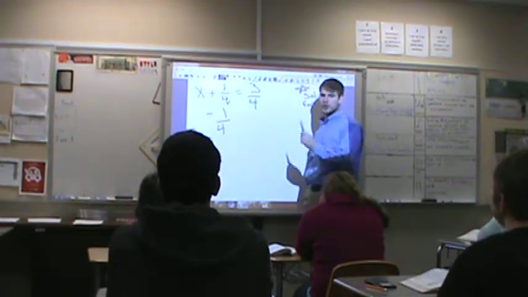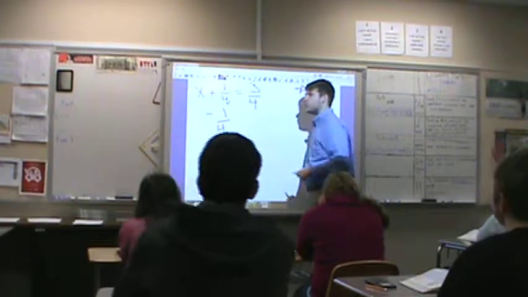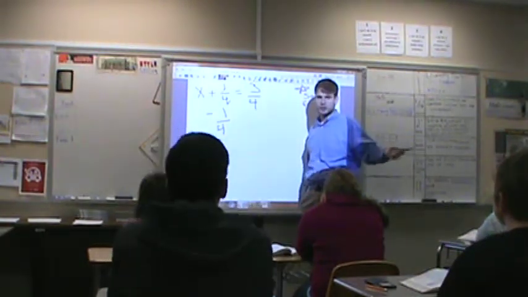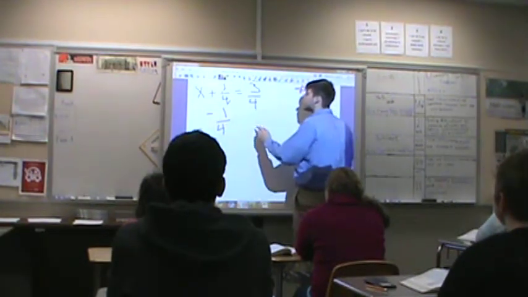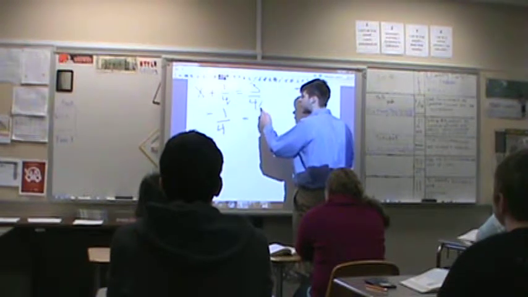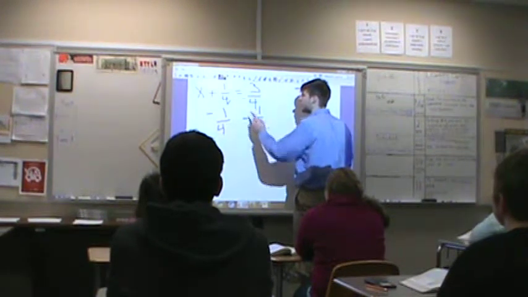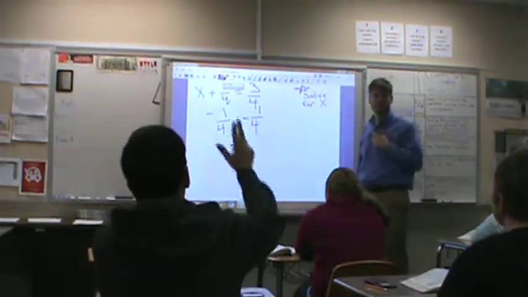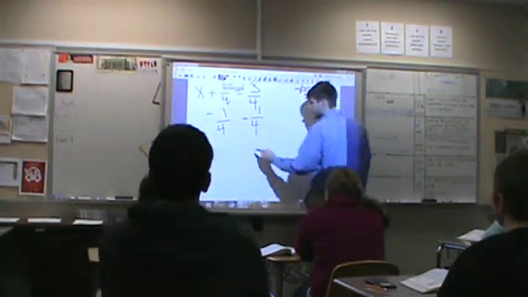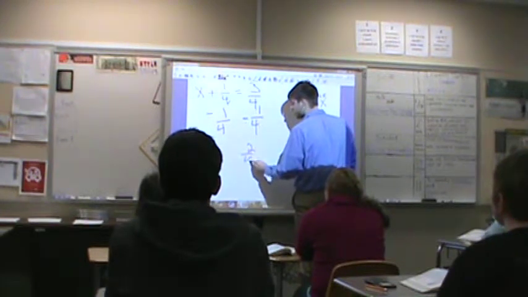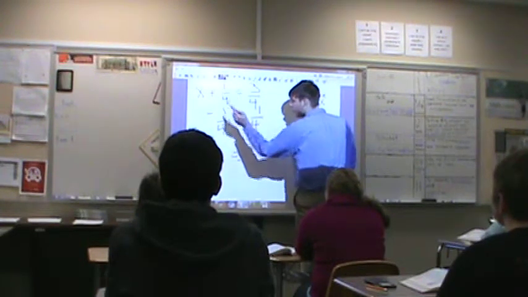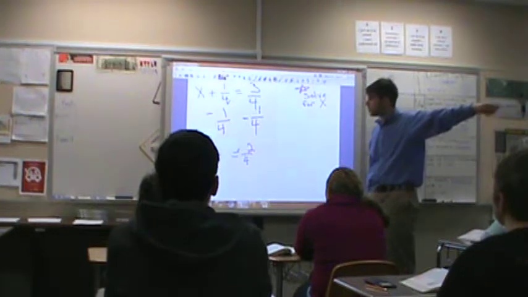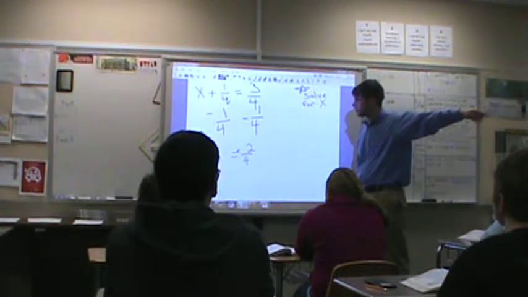What's the rule, though? If you subtract from one side of the equation, you have to do what, Grace? You have to subtract from the other side. Yeah. Perfect. So, what's 3/4 minus 1/4? Ty? 2/4. Okay, so we have 2/4. What's 1/4 minus 1/4? 0.